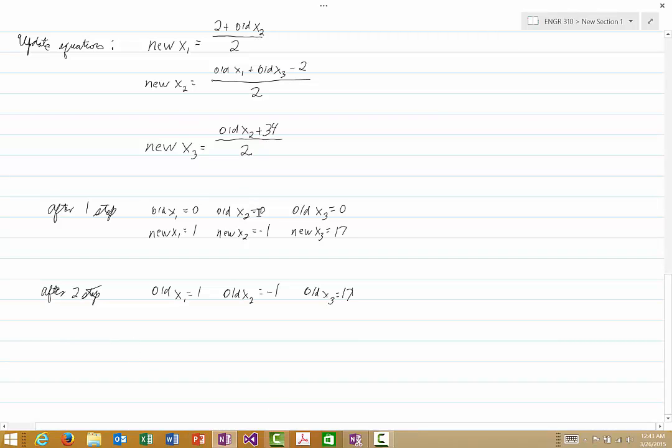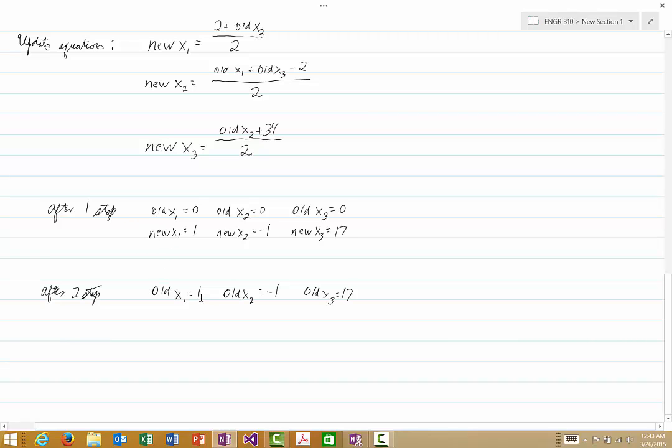So once again, I want to make sure this is clear. There's big differences between our new x's here on this line and our old x's on this line. So therefore, we're going to go again with our iteration, with our update equations. We want to keep on going. We haven't converged yet. So the first thing we do is move these new values that we've just calculated into the old values, and we'll calculate new values.